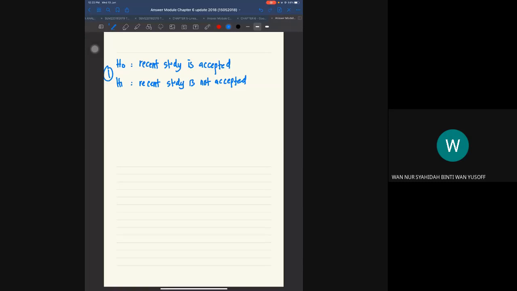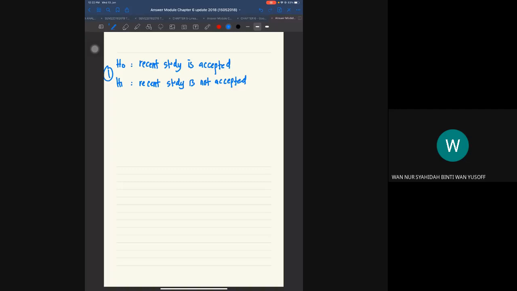The question states that the claim is that the recent study can be accepted. So that's your claim: the recent study is accepted. You can write it like that for your hypothesis, and H1 is opposite to that. It's up to you how you write it, as long as it is opposite to the H0.